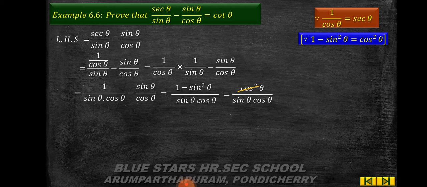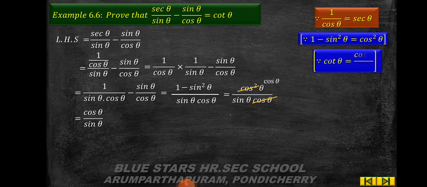So cos theta gets cancelled. You get cos theta divided by sin theta, which is nothing but cot theta. So now we get the answer for the right hand side. So left hand side is equal to right hand side, hence it's proved.